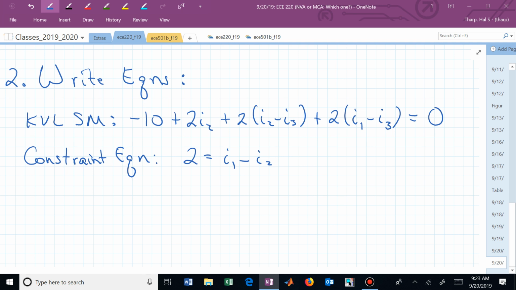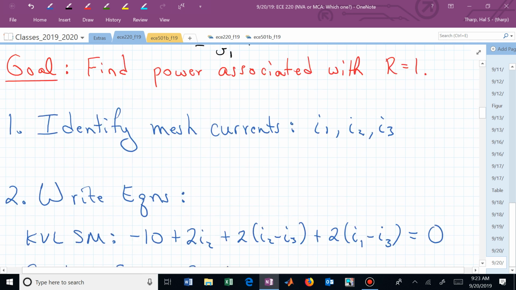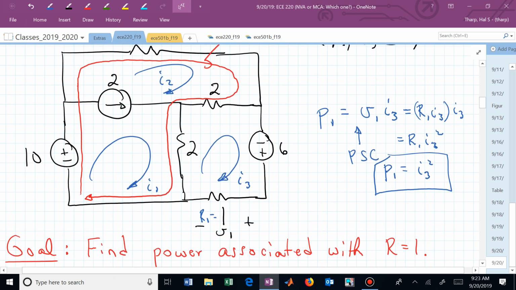Let's write KVL for mesh 3. If we start in the lower left-hand corner, we have 2. Now we want the drop going from bottom to top. That's now 2 times, what's my current?